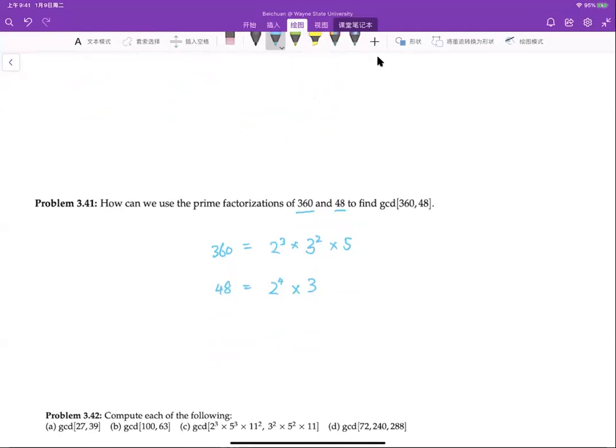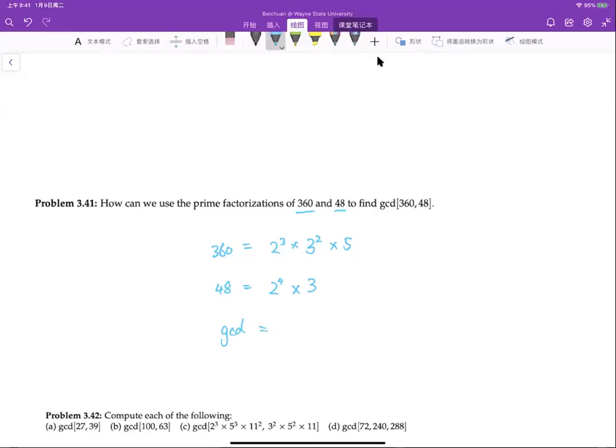Then how to find the prime factorization of the GCD? It's basically like the LCM, where you look at the same base, so 2 to the 4th and 2 cubed. Then you just find the smallest. There's 3 to the second power, and then there's also another 3, so you just do 3 times something, not 3 to the second power.